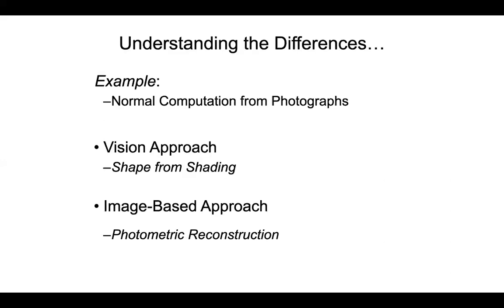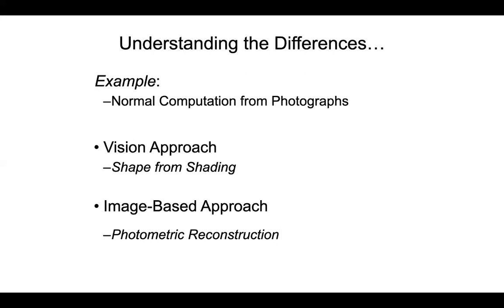And to really understand the difference, let's see a concrete example, an example of normal computation from different photographs, right? In the vision context, the traditional vision is shape from shading, right?